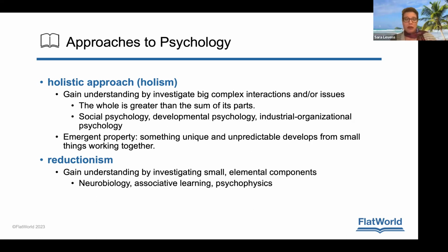In terms of disciplines, this would include neurobiology and associative learning, which is really an element of cause and effect relationships, where again you're looking at the impact of these small operations together. And then you also have the field of psychophysics.